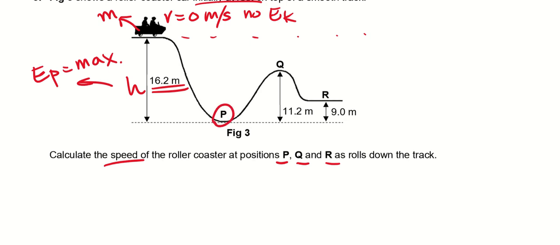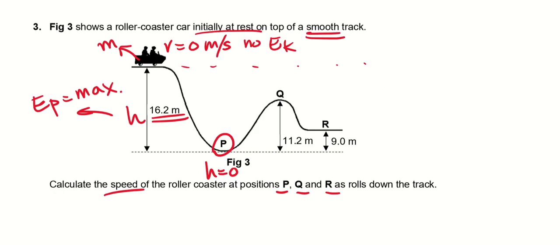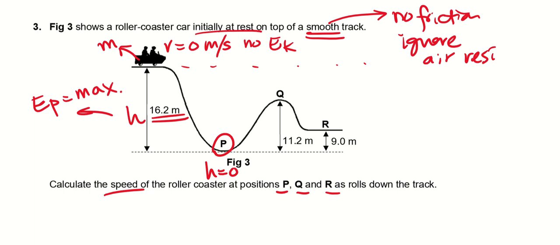At P, we find that there is no height. The height is 0. If we ignore air resistance and friction, then I can find the maximum speed reached by the roller coaster at point P. At the initial point, the EK is 0, because there's no speed, it wasn't moving at first, but there is maximum energy in the gravitational potential store.